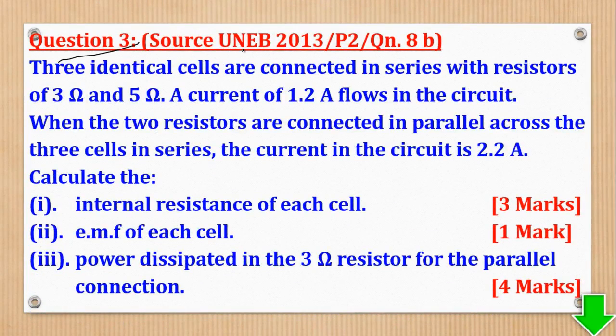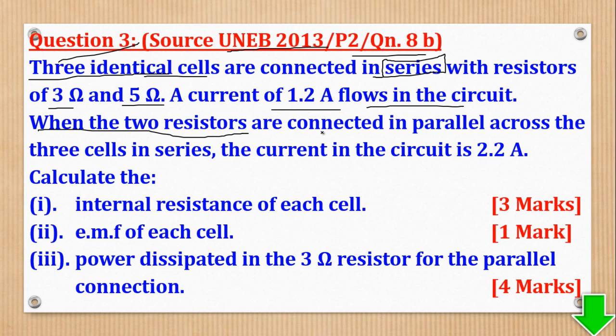Then question 3 came from UNEB 2013 paper 2 question 8b, and it says three identical cells are connected in series with resistors of this and this. A current of 1.2 ampere flows in the circuit.